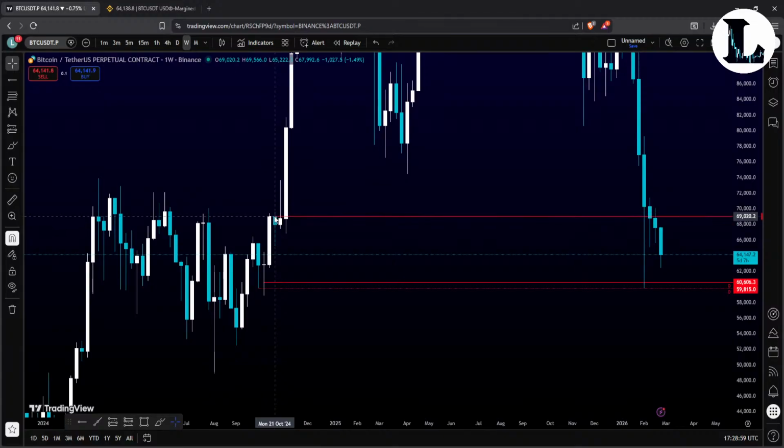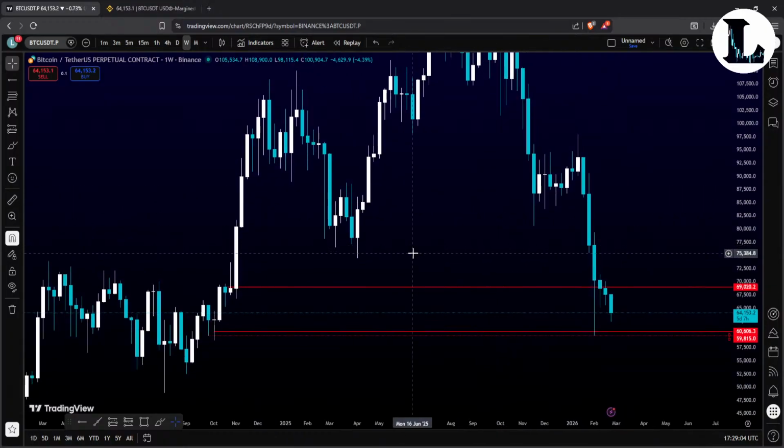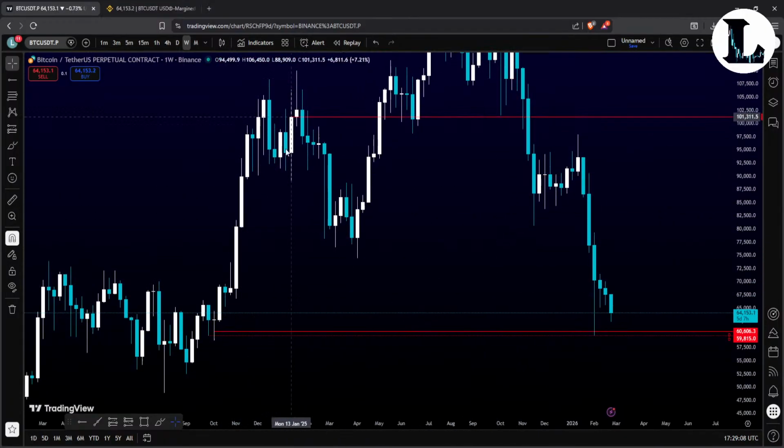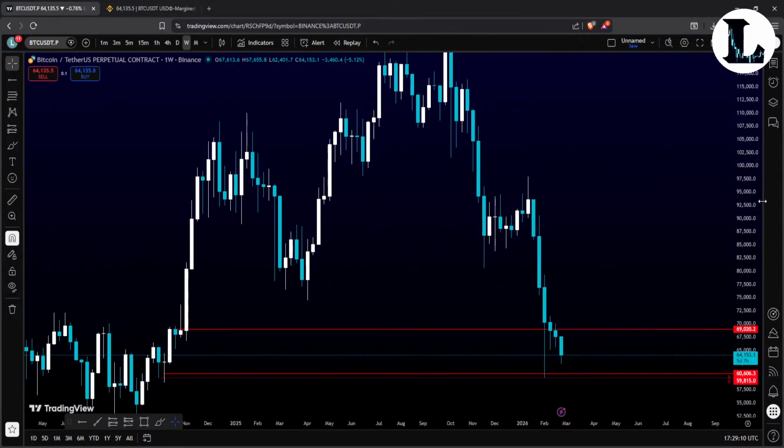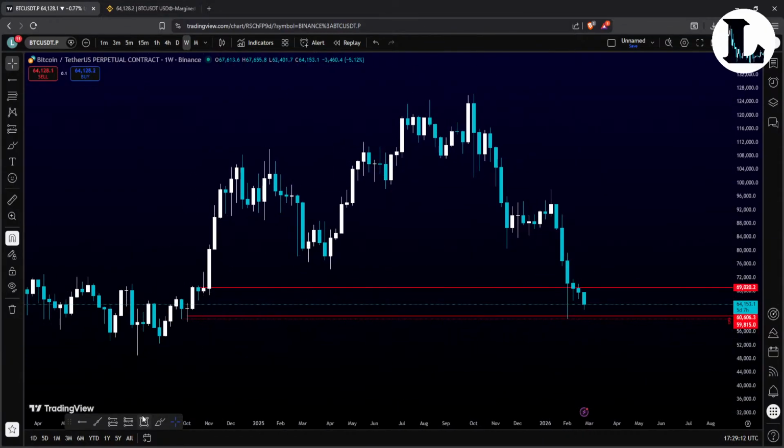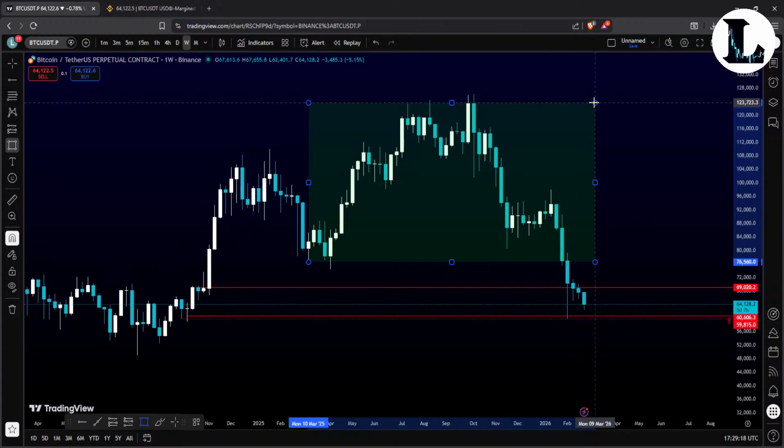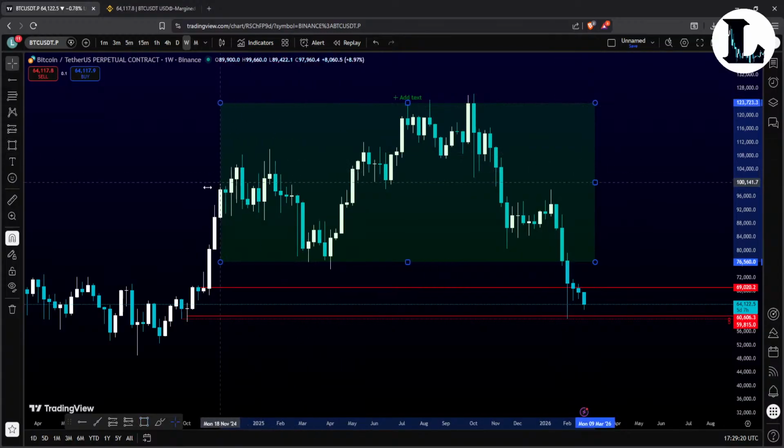So we failed to hold all this weekly as support, okay, and we created this big range after that. I normally don't mark that many levels on a weekly, just because I like to mark only from the daily to the lowest time frames, okay.